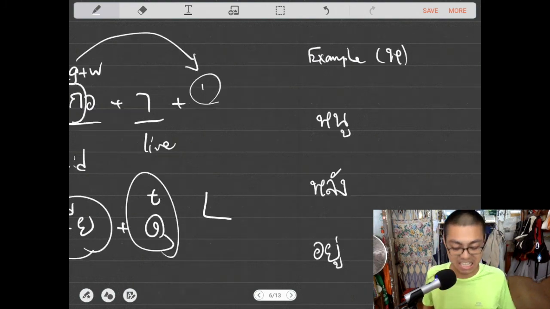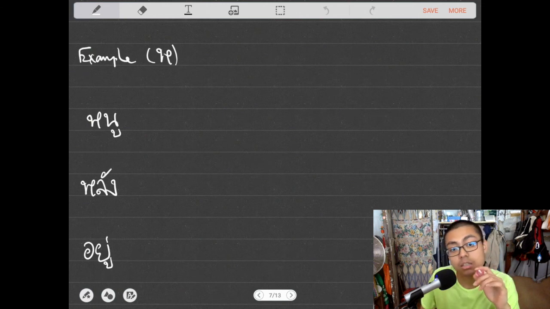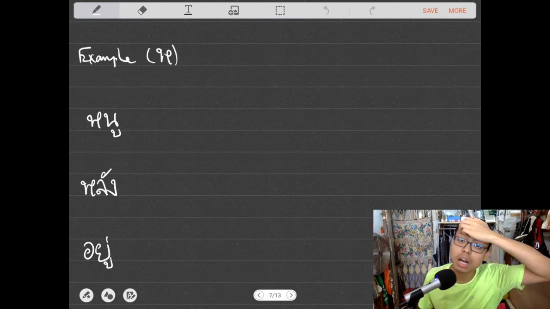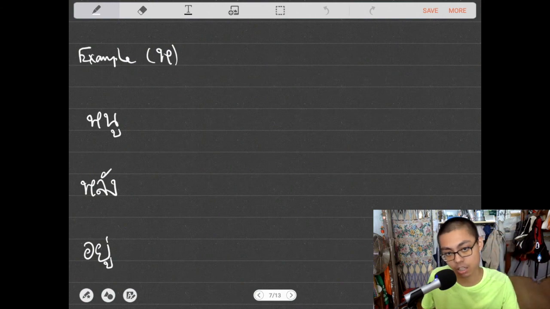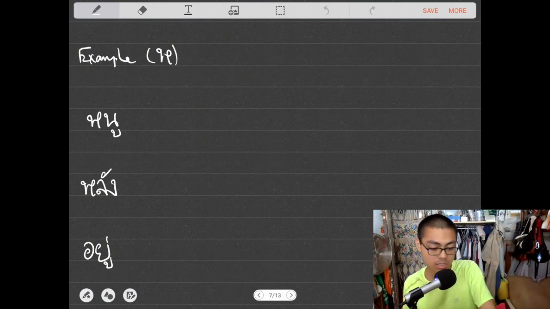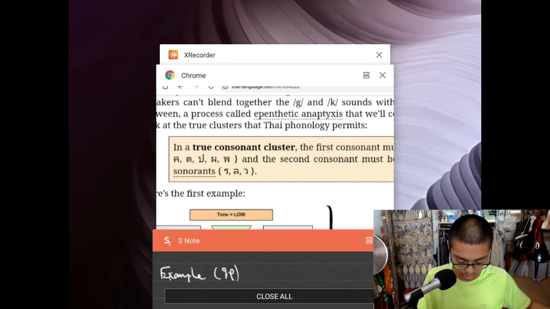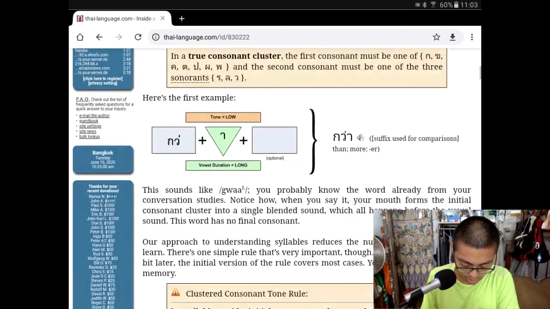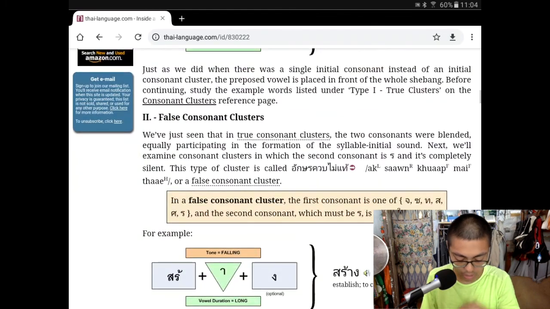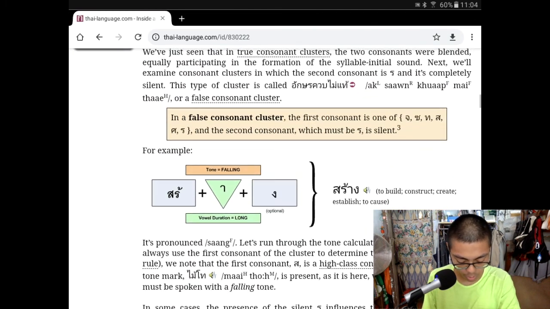So this is the consonant cluster, the first category of Thai consonant clusters, which is the gliding cluster. The second thing, I will change the order a little bit.